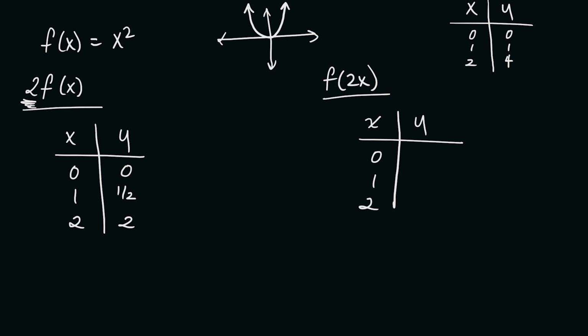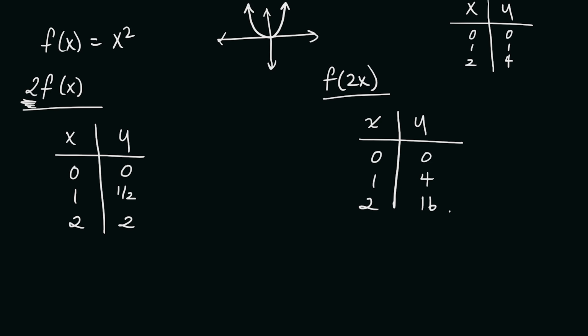So now let's take a look at this case. When x equals 0, of course it's going to be equal to 0. When x equals 1, it's going to be f of 2 instead, and f of 2 equals 4. And then if it was 2, then it would be f of 2 times 2, which is f of 4, equal to 16.